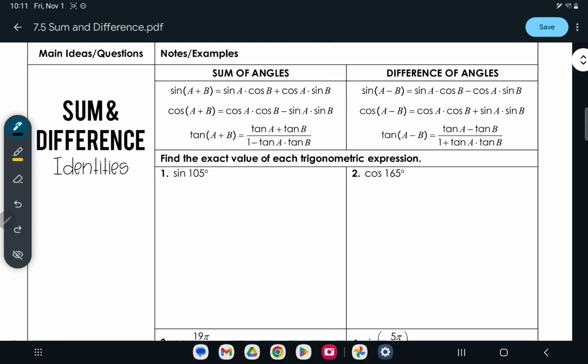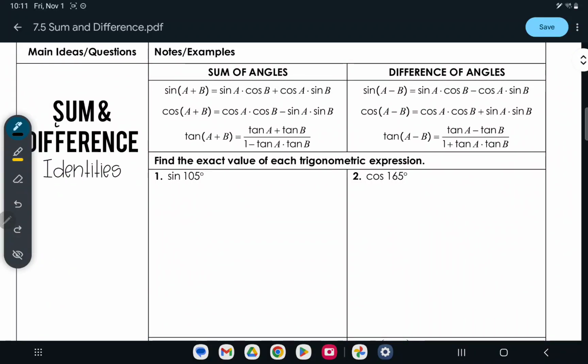Okay, let's try and get through the sum and difference. So we're gonna use these things to find the exact values of these. Yeah, you can plug it in the calculator, you'll get some weird decimal, but I don't think you know how to turn the decimal into the exact value. Like, let's just say you get 2.37 and it just keeps going.